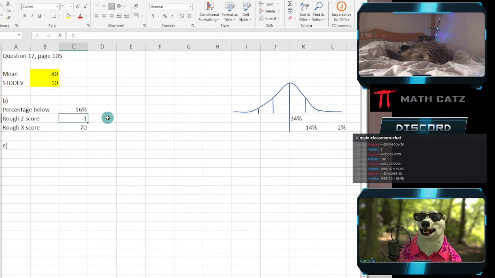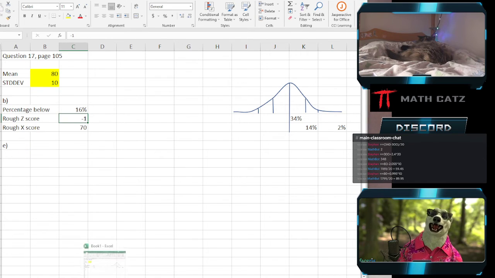Now, I didn't color the z-score green because I just sort of did it in my head. I didn't use a formula, but you totally can. Doesn't matter. The color just guides me when things are a little bit bigger and more involved, so I can keep track of what I've done.